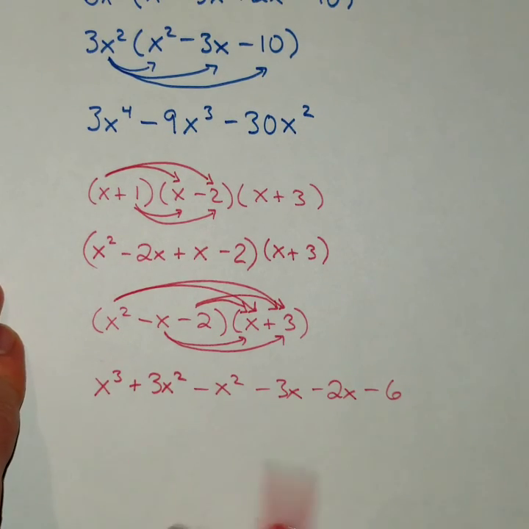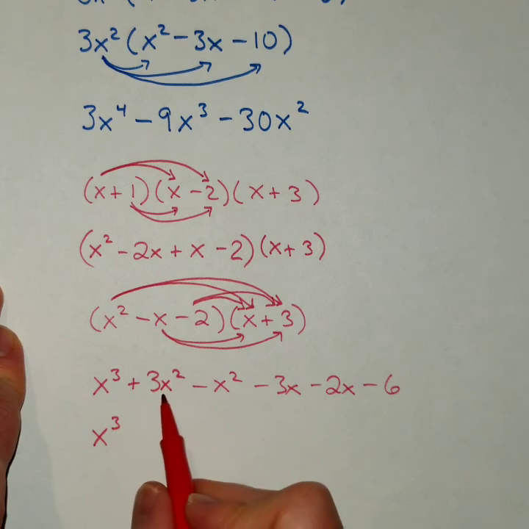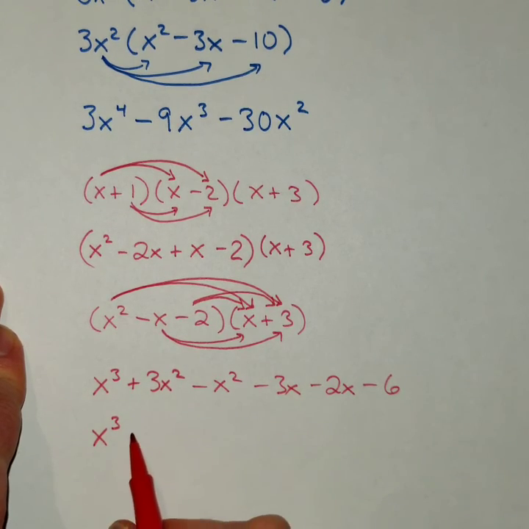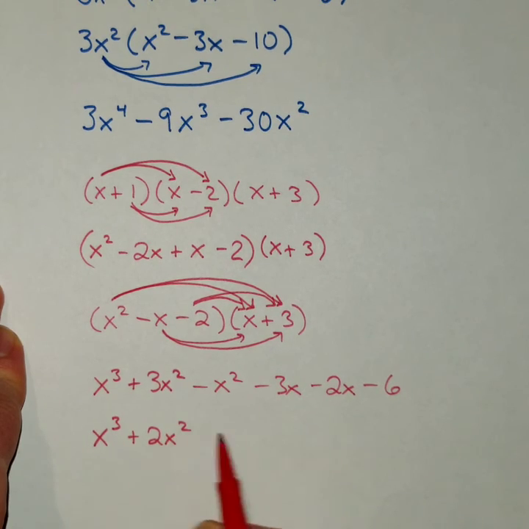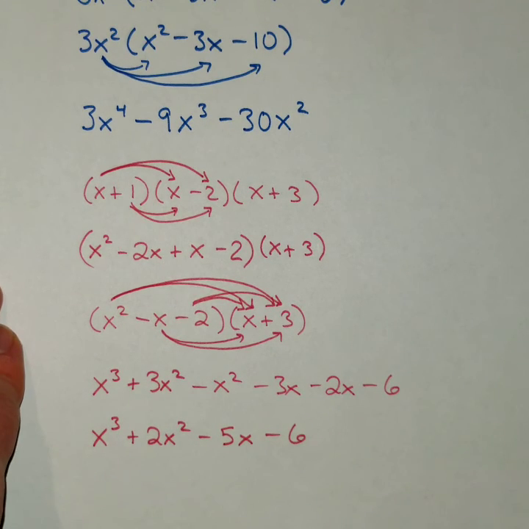Final step will be to combine all of my like terms. X cubed is separate. The x squares grouped together, I get 2x squared. The x's grouped together, that's a minus 5. And the minus 6 is all by itself.